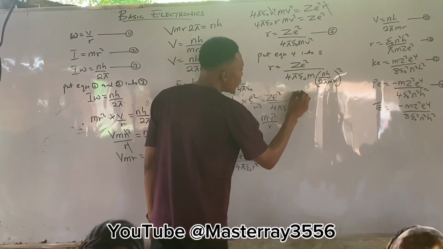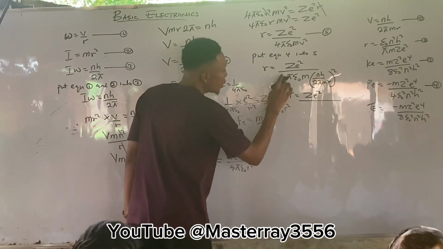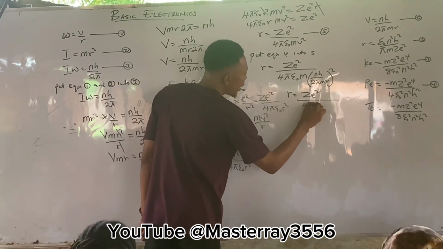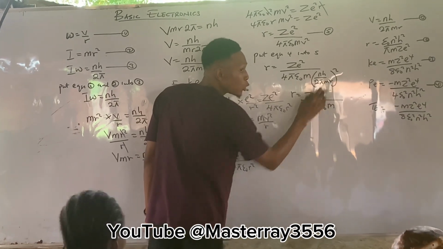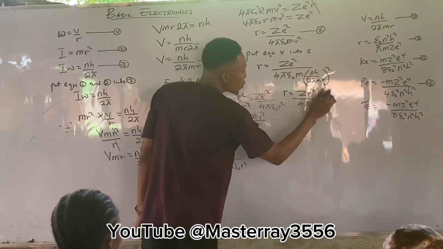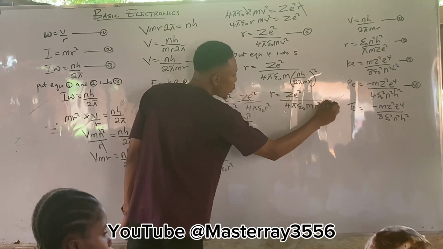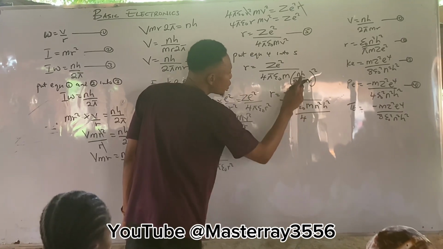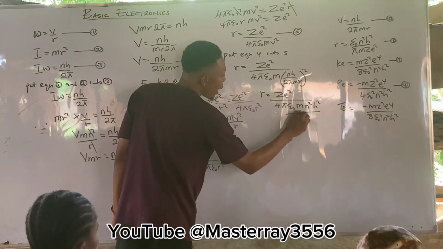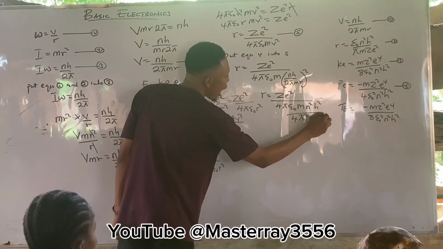So our r there will be equal to Z² over 4πε₀m and everything here is raised to power 2, right? n raised to power 2 is n². h raised to power 2 is h². Then all over 2 raised to power 2, 4. π raised to power 2, π². Then m raised to power 2, m². r squared.